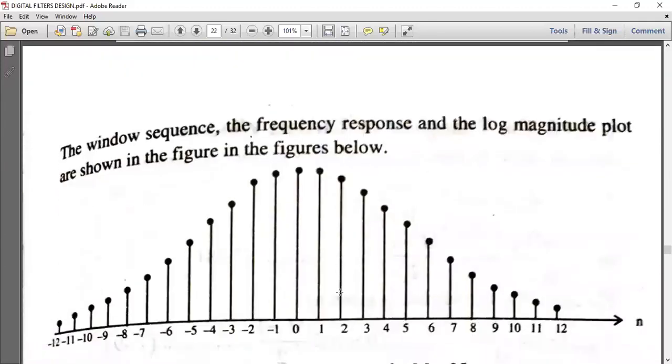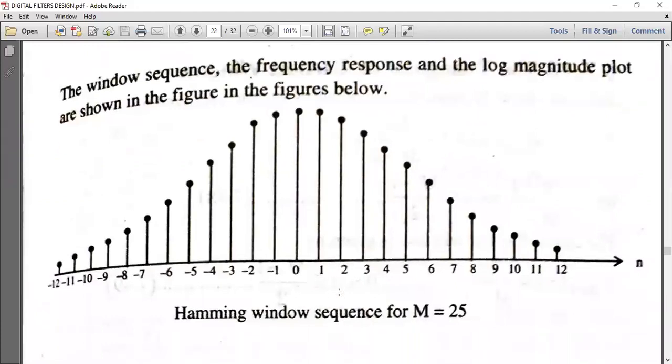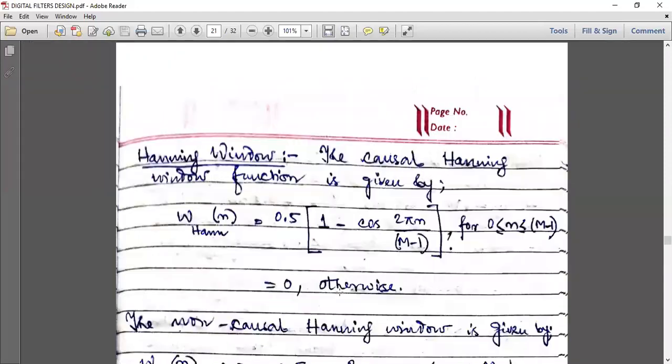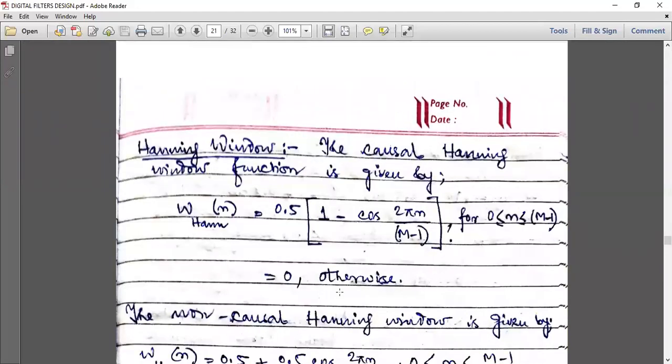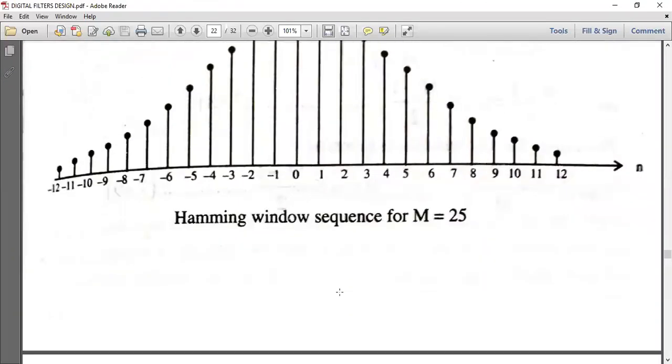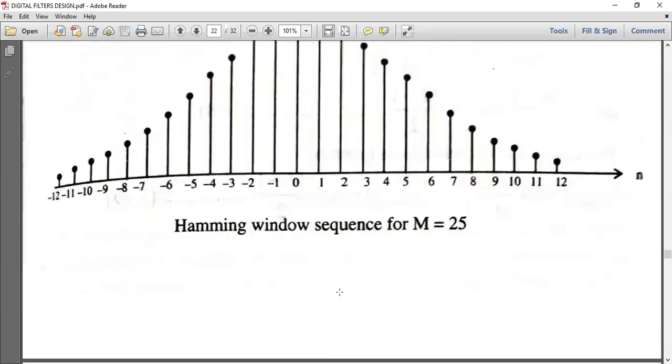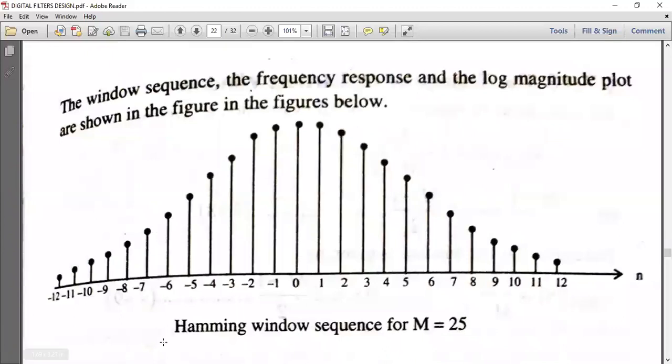Okay. Now again, for M equal to 25, you see, actually the labeling is done wrong. This one will be Hanning. This labeling will be the Hanning window.